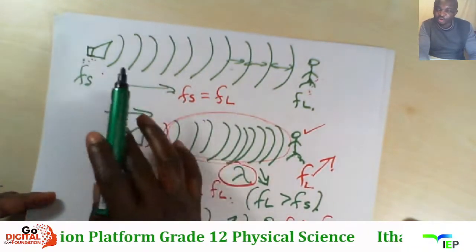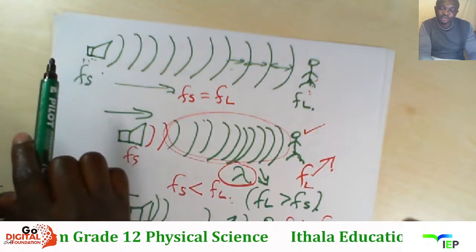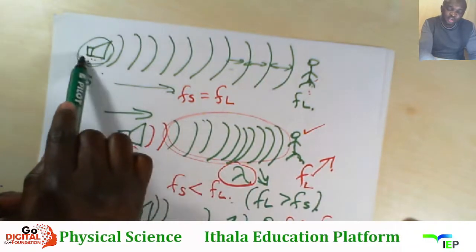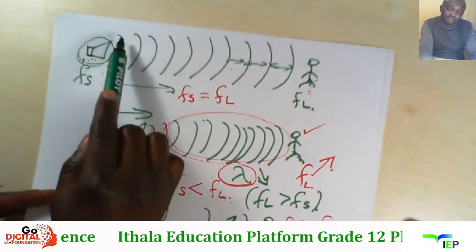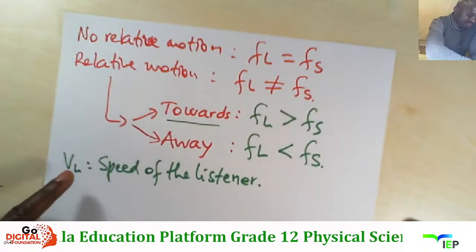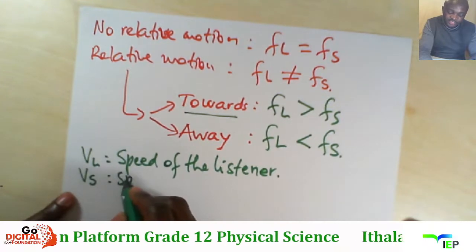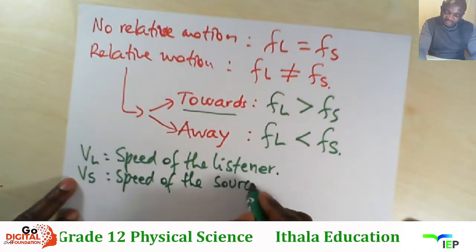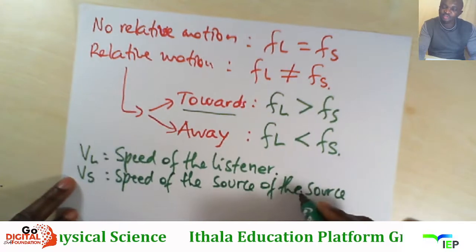The wave has its own speed, regardless of whether the source of the sound is moving or not. That is the source of the sound, but it's not the sound. Any wave produced has a speed in that particular medium. So we can say Vs will be the speed of the source of the sound.